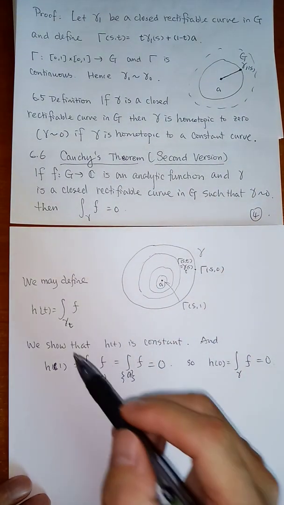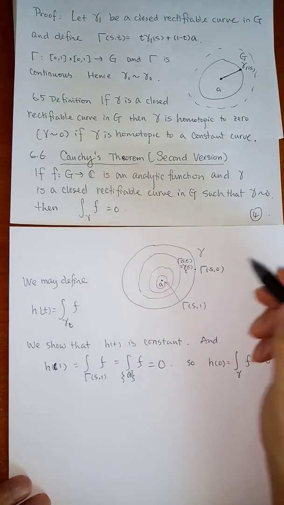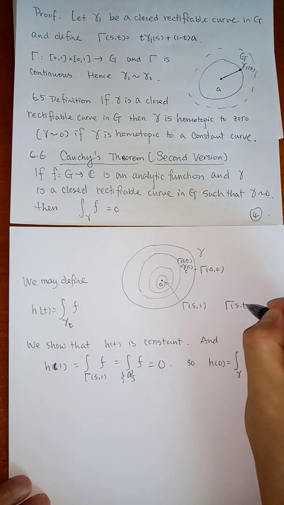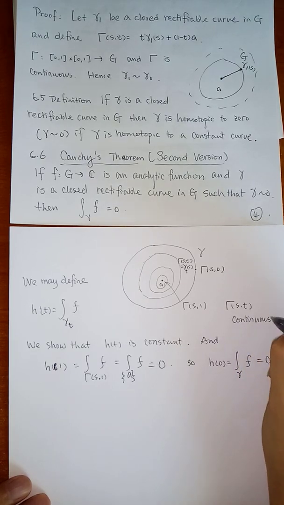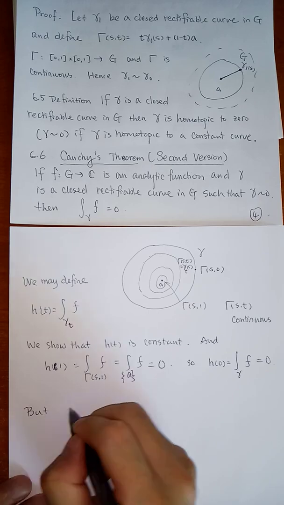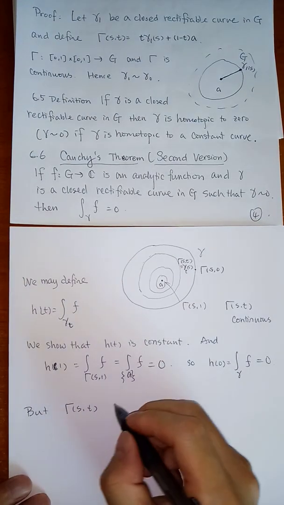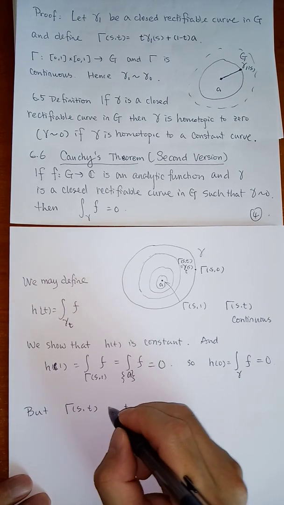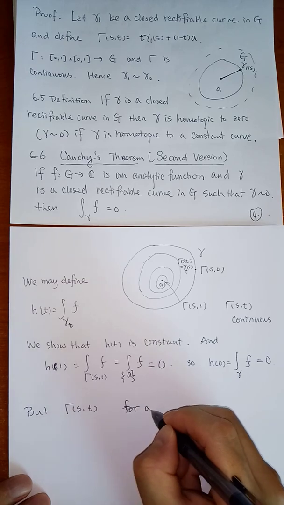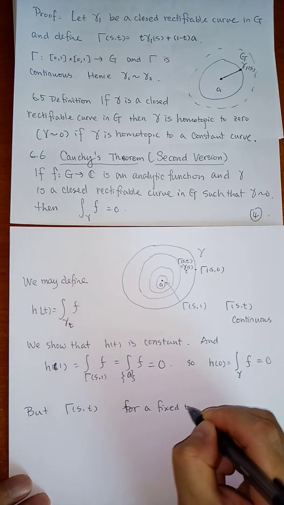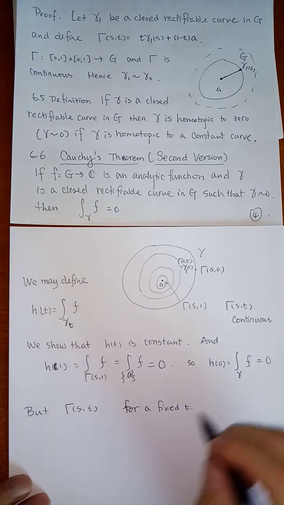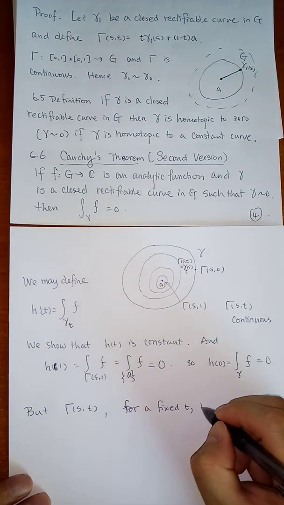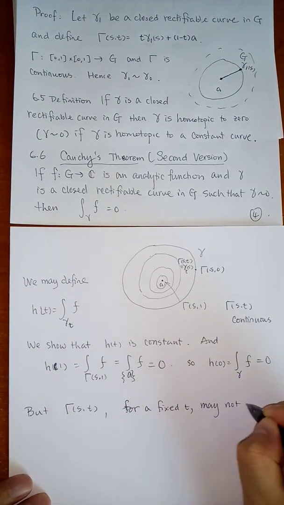The serious problem is that when we get this gamma s t, we say it is continuous, but for each t between 0 and 1, for fixed t, gamma s t may not be rectifiable.